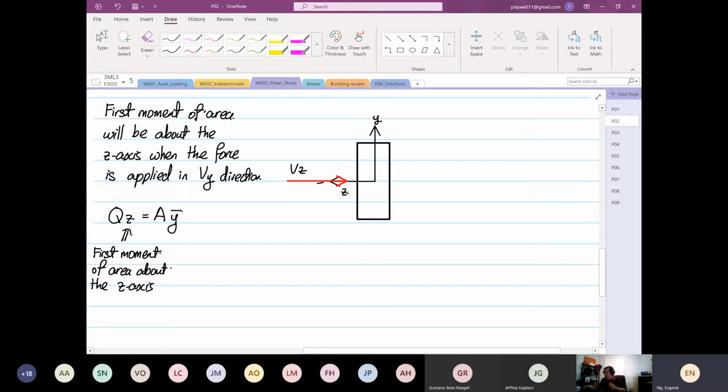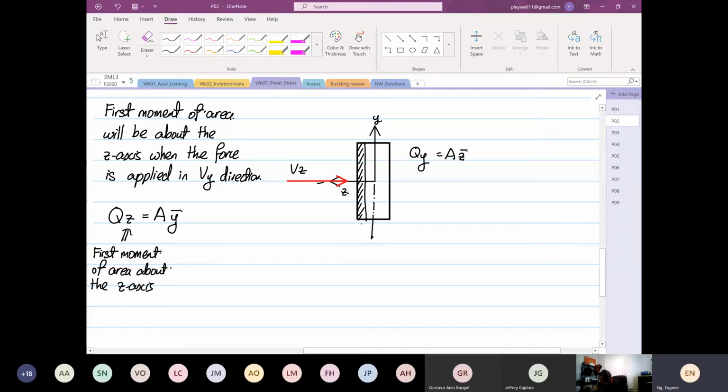Okay, so the area to analyze now is going to be what? Qy. Okay, so the area of concern is now in this area. This is the area of interest, so this will be equal to A z bar.